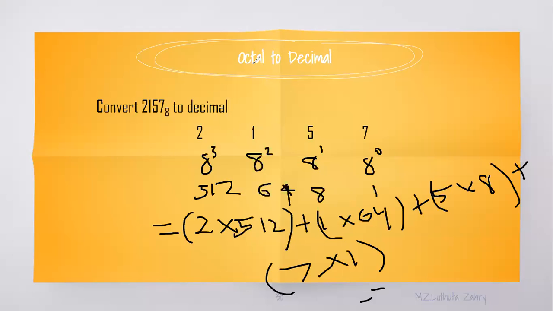We want to convert the octal to decimal, so you have to just add it together. 2157 octal is 1135 base 10.